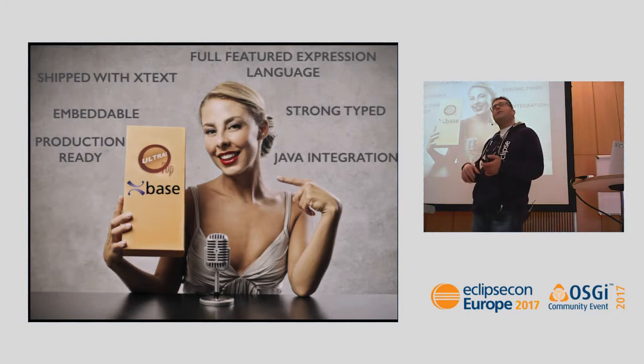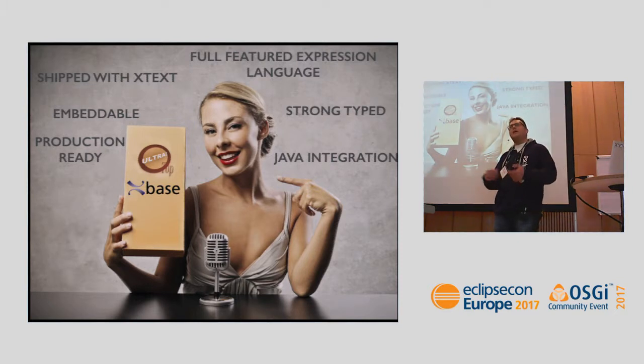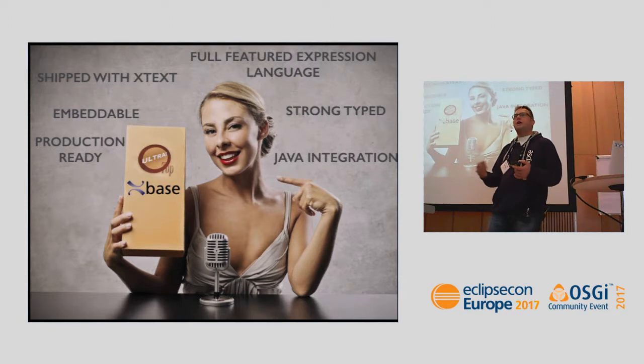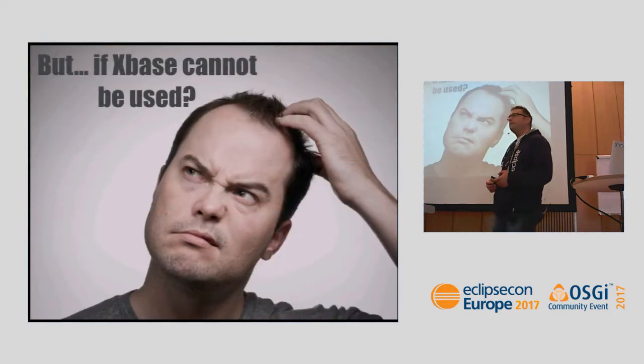If you know how well Xtend works, then you can already get this for free from Xtext. You have tight integration with Java, so you can use Java types. You can invoke Java methods from your expressions. That's quite nice. But what if you can't use Xbase?